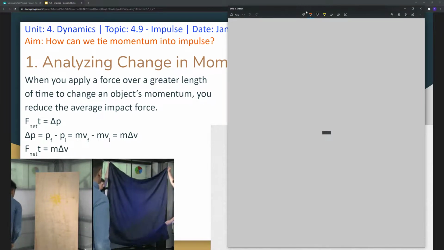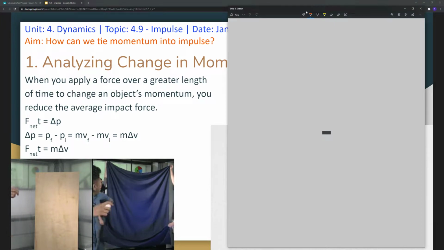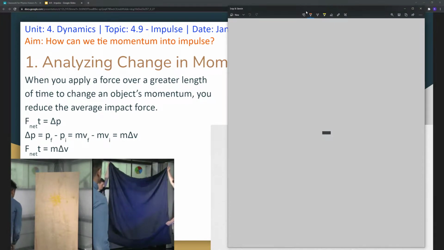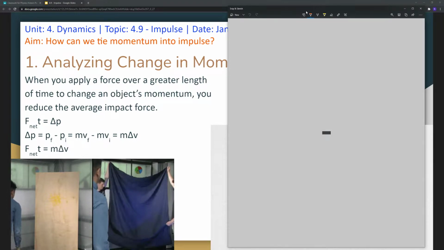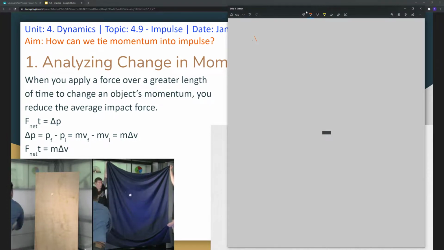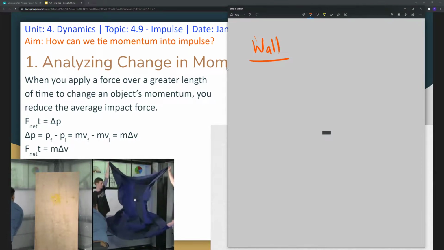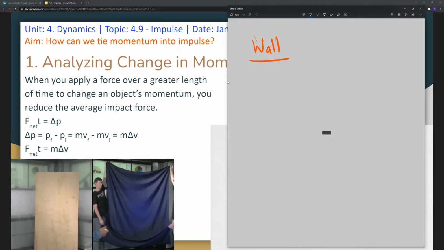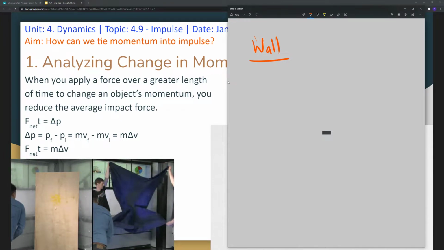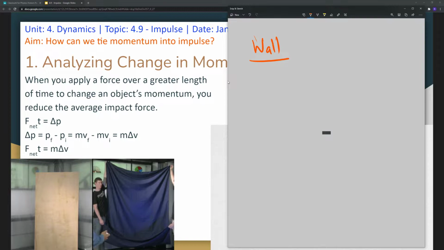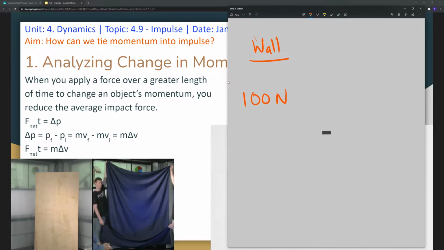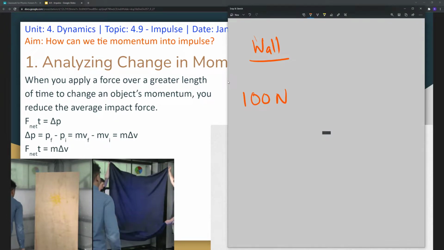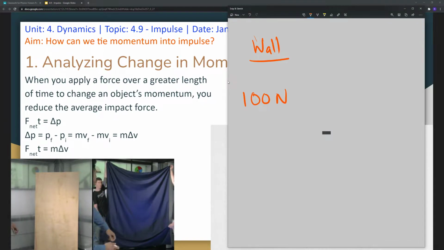So let's compare the egg being thrown at a wall and the egg being thrown at the sheet. Let's say hypothetically, this is the wall, and you throw an egg at the wall with a force of, I don't know, 100 newtons, and the egg stops with a force of 100 newtons.